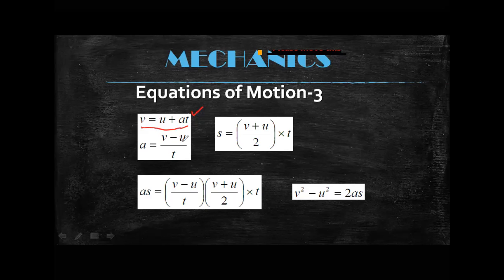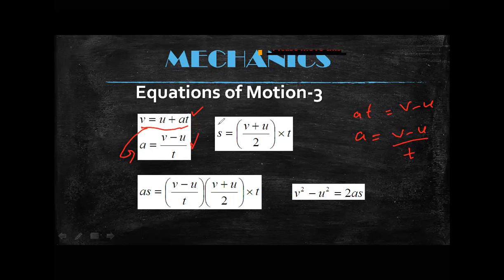From that, I wrote at is equal to v minus u, so a is equal to (v minus u) by t. So simply I got this a value.